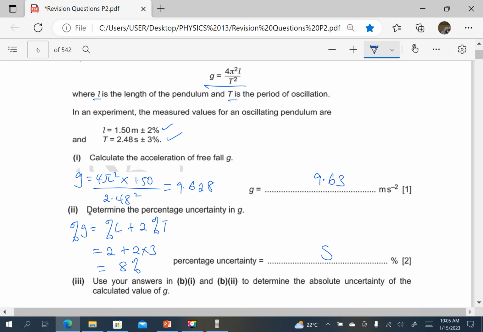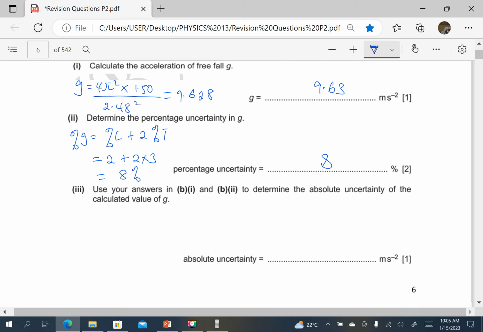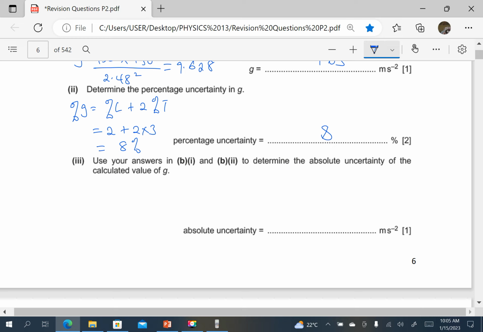So this is 8%. Use your answer in B Roman 1 and B Roman 2 to determine the absolute uncertainty of the calculated value of g. So we want absolute, we just convert percentage to absolute.